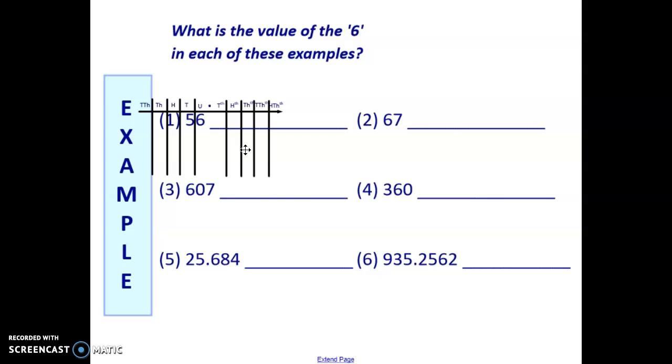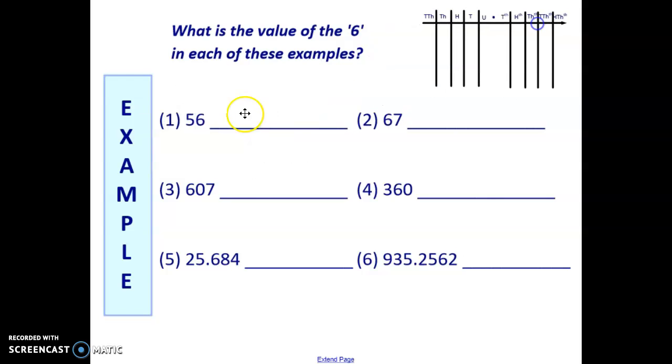So there's nothing after the decimal point in this question, so I line the decimal point up with the end of the number. The number 6 here is in the units column, so I'm going to write that this is worth 6 units. Or I can just write it is worth 6.